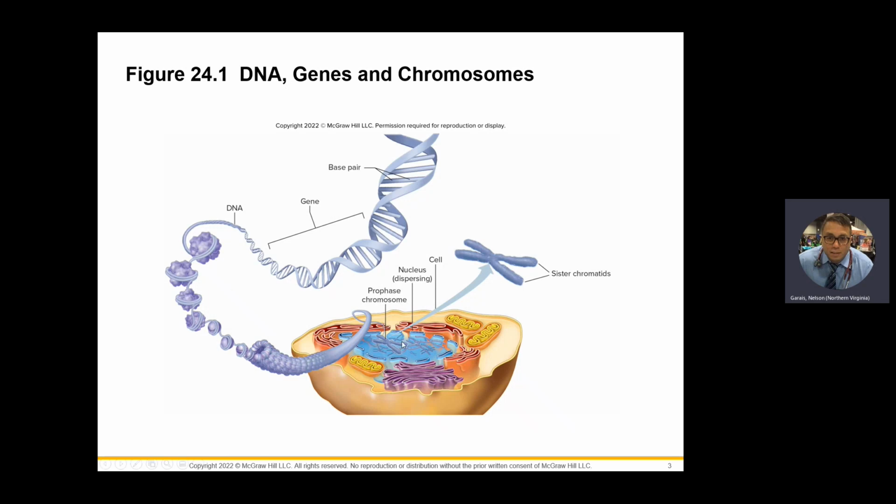Then it coils into what we all know and love, this little butterfly thing, well, I call it a butterfly, and that is your chromosome. And we have 23 of them times 2, which is 46, to make a complete human being.